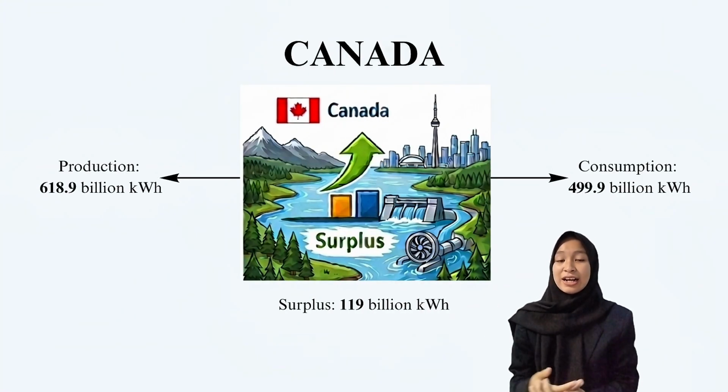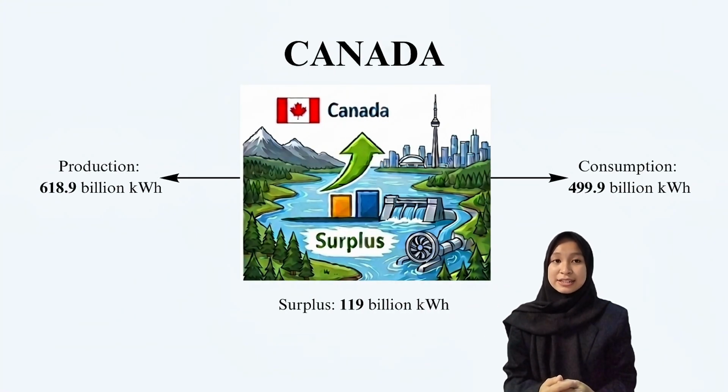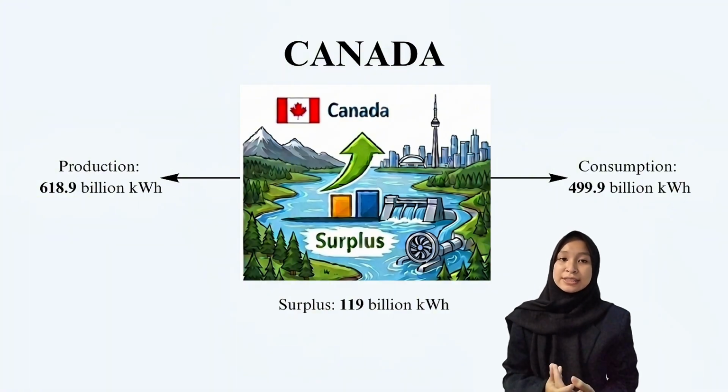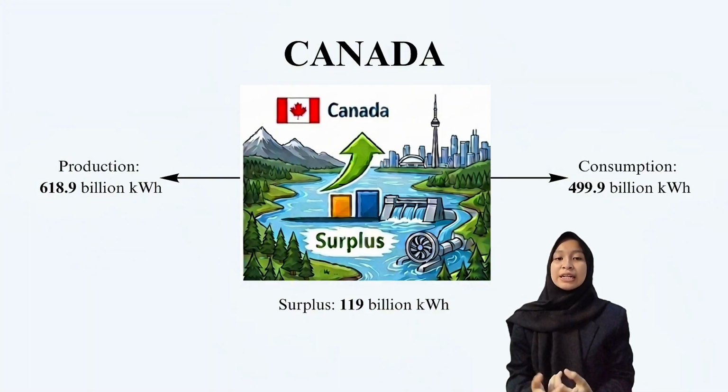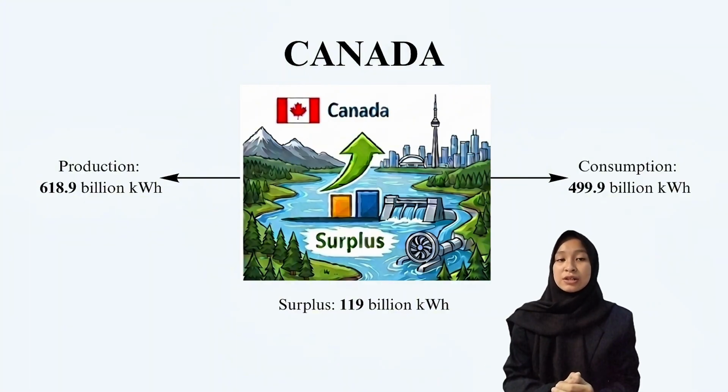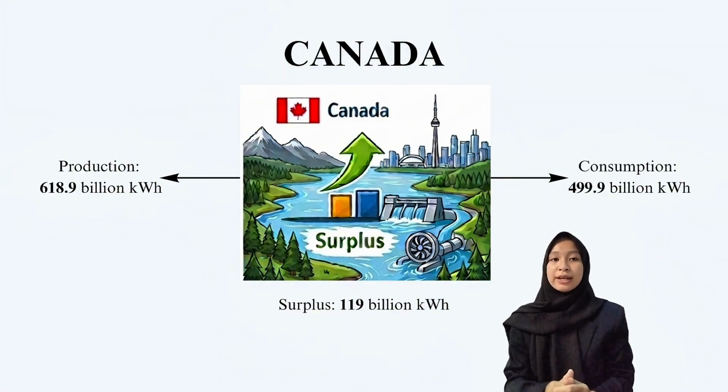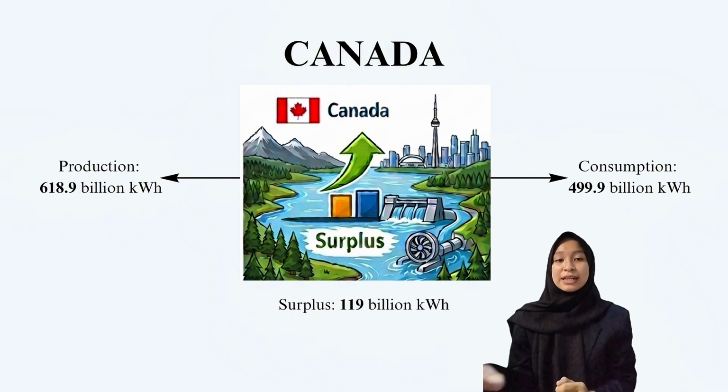Finally, Canada also records an electricity production surplus. Canada produced approximately 618.9 billion kilowatt hours and consumes around 499.9 billion kilowatt hours. Consequently, the country experienced a surplus because electricity production exceeds national consumption.